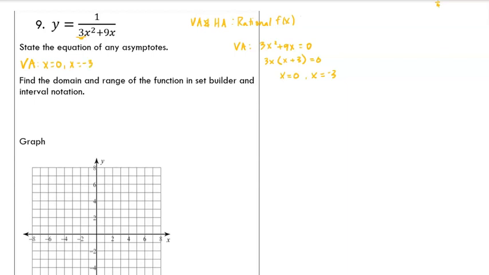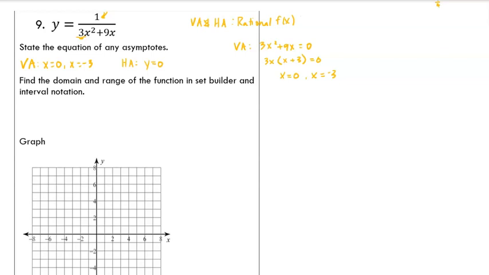Using the properties of rational functions, we know that the horizontal asymptote is going to be y equals 0 because that's a constant.